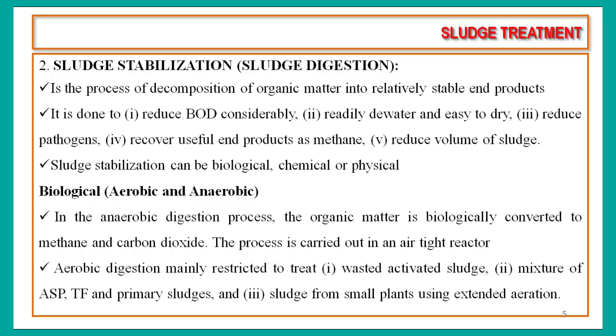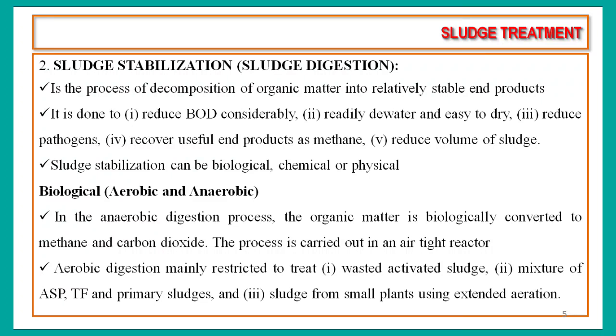The second process in sludge treatment is sludge stabilization or sludge digestion. It is a process of decomposition of organic matter into relatively stable end products. In this process, the organic matter present in the sludge is converted into relatively stable end products.